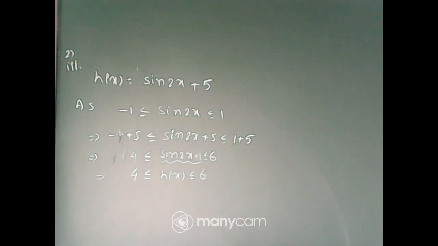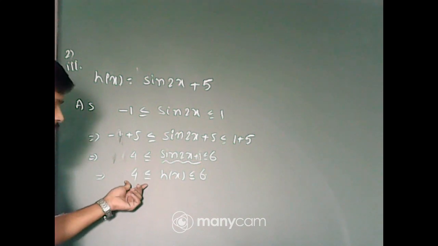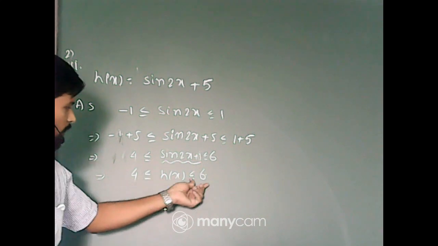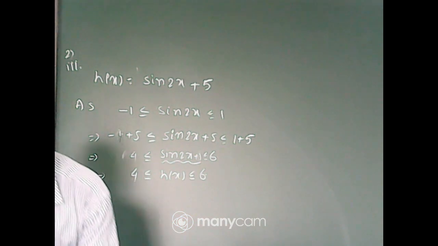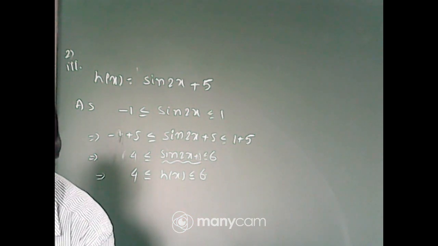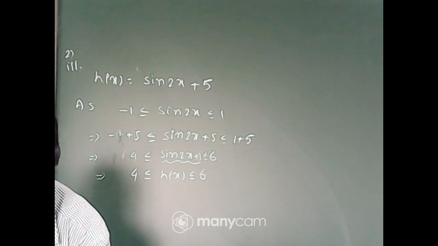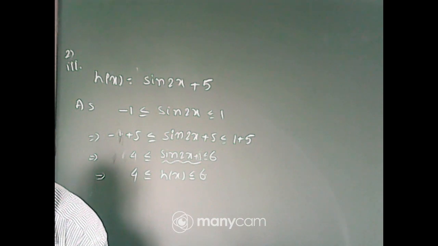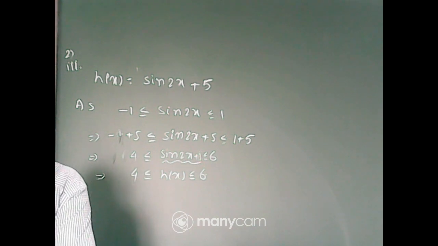Now look, the value of h of x is always greater than or equal to 4, but less than or equal to 6. So can you tell me what is the maximum value and the minimum value of the function? Yes, the maximum value is 6 and the minimum value is equal to 4.